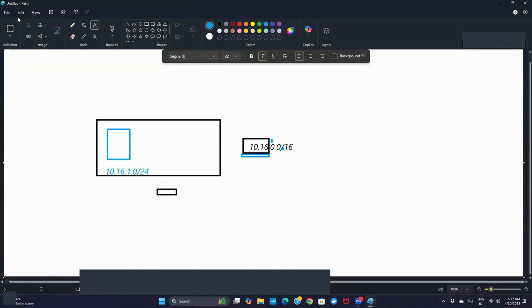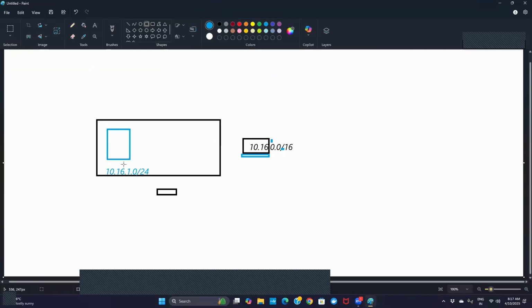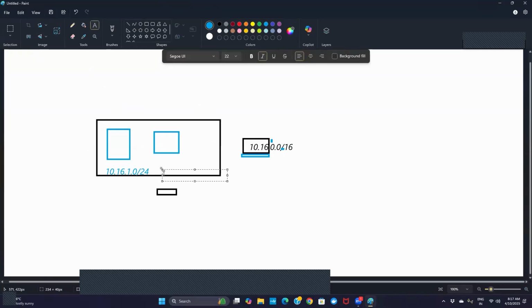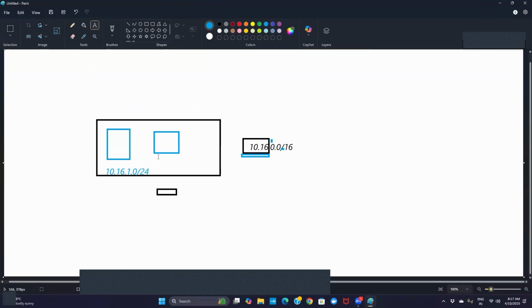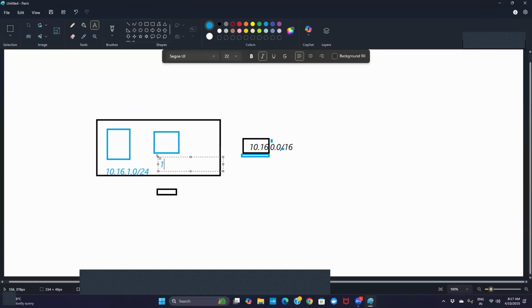Suppose you want to create one more subnet. You can create one more subnet here, like 10.16.2.0/24.